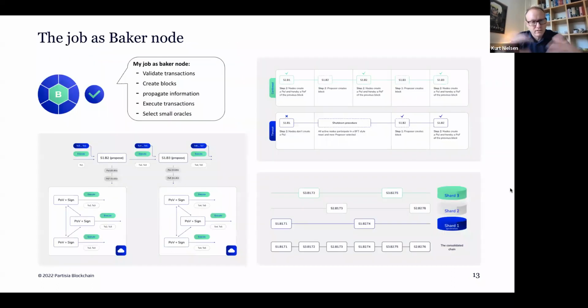So the Baker node, that was all about the consensus. What is also new here is that we are actually creating a new blockchain that builds on best practice from the existing networks. So it's an ecosystem. We manage a high throughput of transactions, and we also have scalability built in the form of sharding.